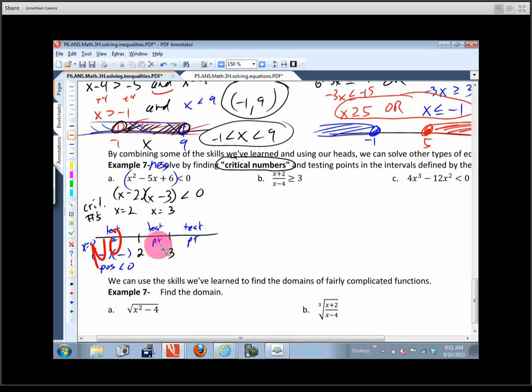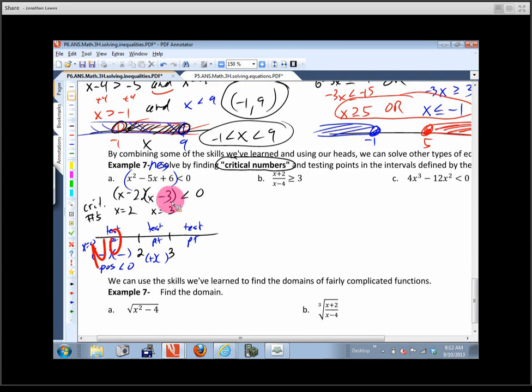Let's pick a point in between here. So let's say 2.5. Let's plug in 2.5. If I put 2.5 in this factor right here, I have 2.5 minus 2. Well, that would be 0.5. Is it positive or negative? It's positive, right? So I'm going to put a little plus there. If I plug in a 2.5 into this one, it's 2.5 minus 3.